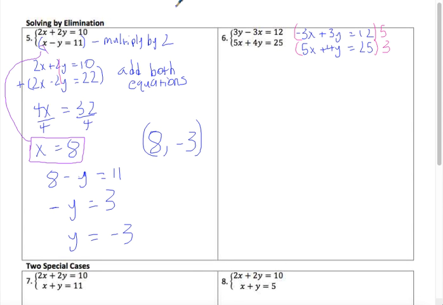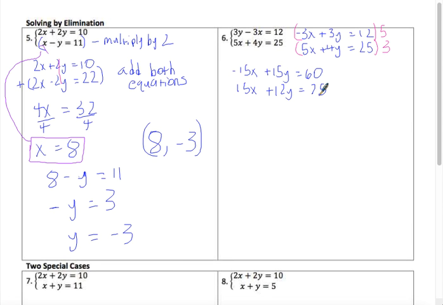So now I have negative 15x plus 15y equals 60, and positive 15x plus 12y equals 75.